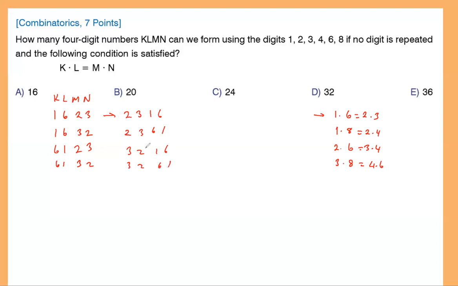So there are 4 different ways that I can start with this, and these also satisfy the condition. And KLMN will now be a different number than the previous one, which means we have 8 different ways to achieve this restriction for each case. So 8 ways, 8 ways, 8 times 4 is actually 32.